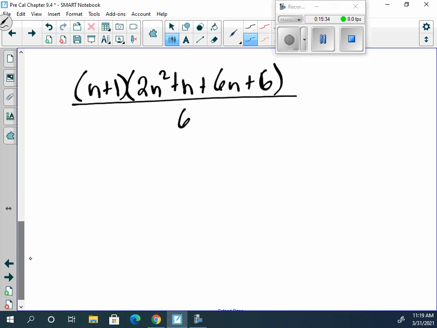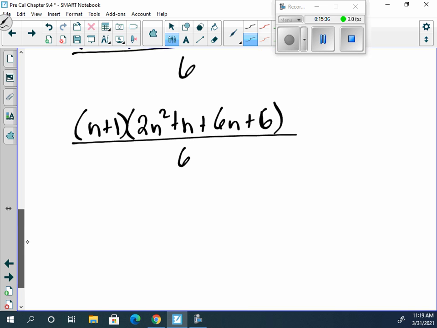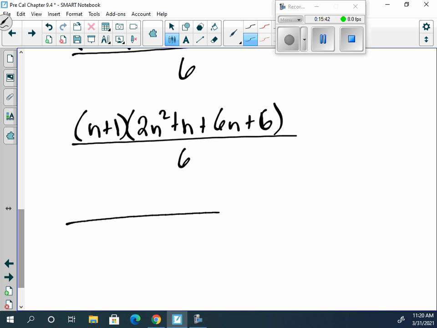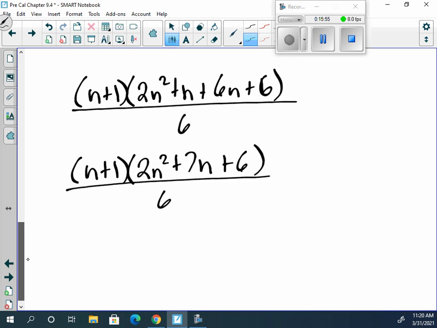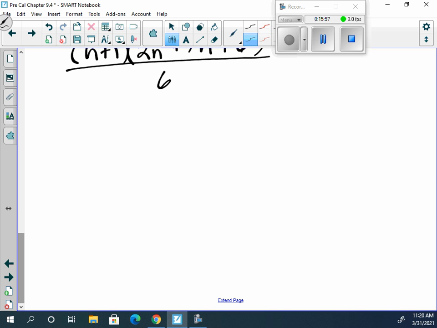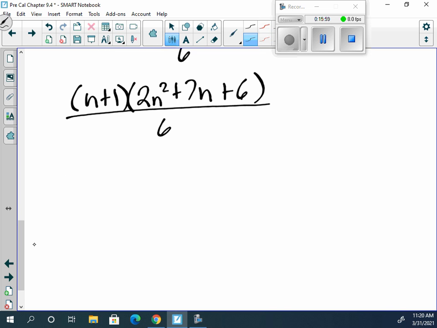That's what I was just wondering myself, because I multiplied wrong. It should be 6 because of the 6 times n plus 1. Thank you, that makes more sense. Now we can combine like terms, which will give us 2n squared plus 6 over 6. Now we do need to factor this thing.